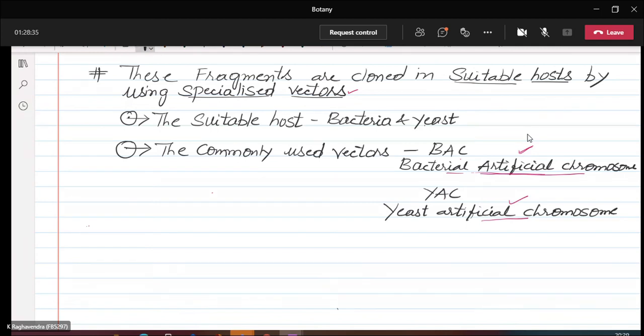What is the meaning of sequenced? It means we know the sequence of the nucleotides: A, T, C, C, G, C, C, T, T, A, G. That is what sequenced means. These fragments are sequenced by using automated DNA machines.